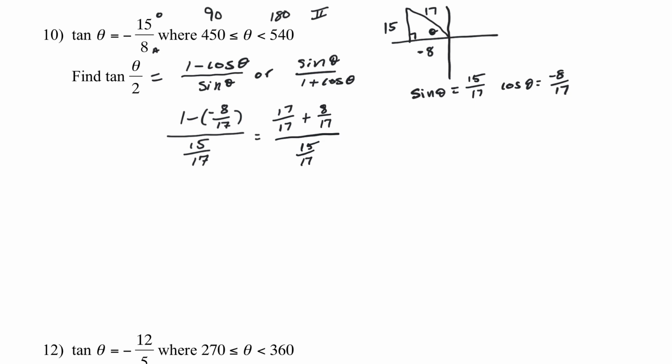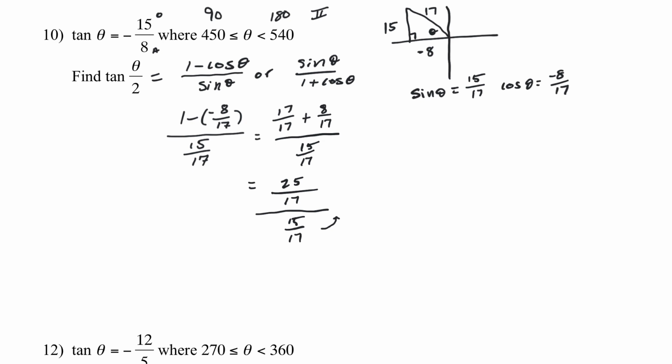At that point, I'm allowed to add the numbers together, give a fraction on the top. So this is going to give me 25 over 17, all that over 15 over 17. What do you do next? Multiply by the reciprocal. So we're going to take this up.